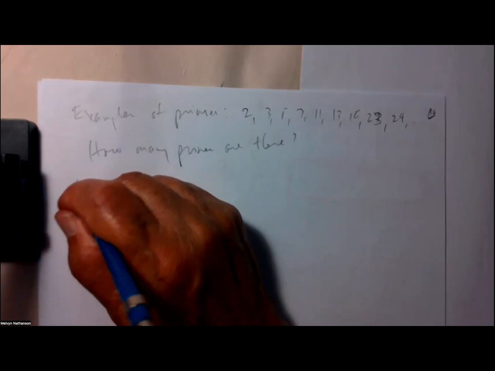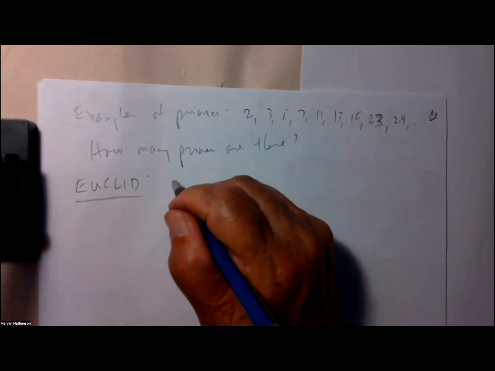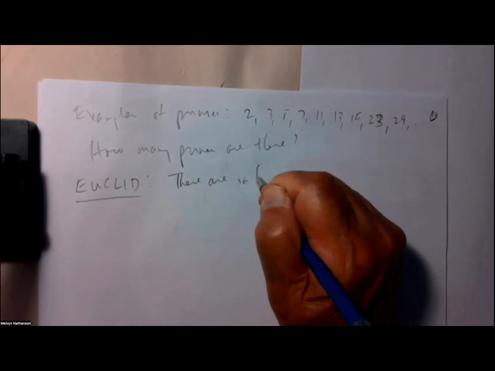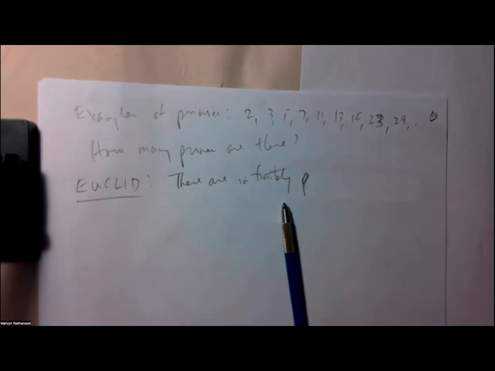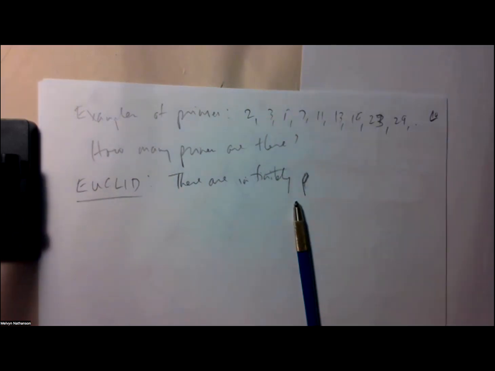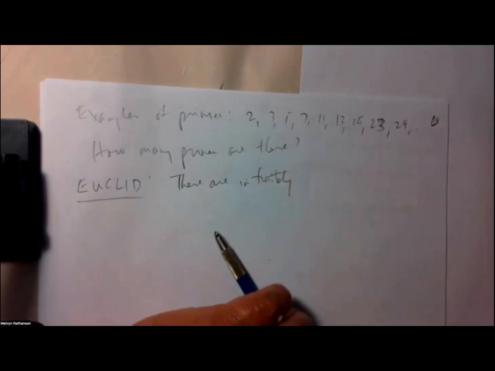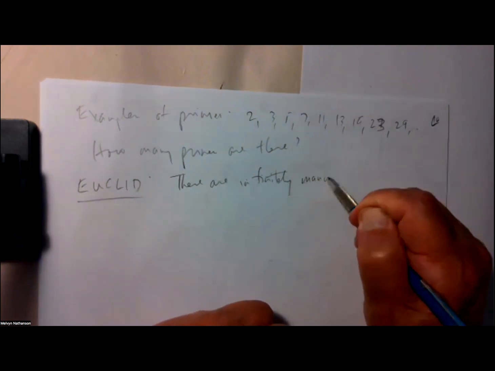And you can go back to Euclid for an answer to this question. Euclid proved that, in fact, there are infinitely many prime numbers. There are infinitely many primes.